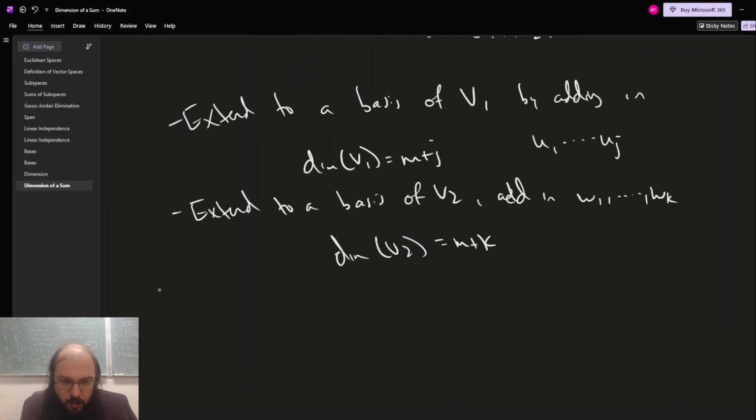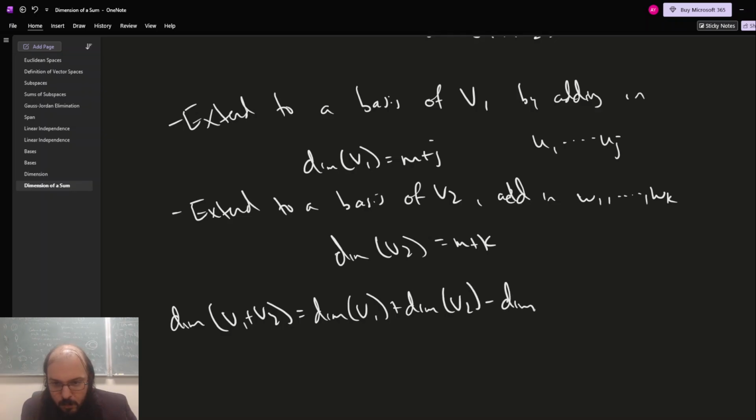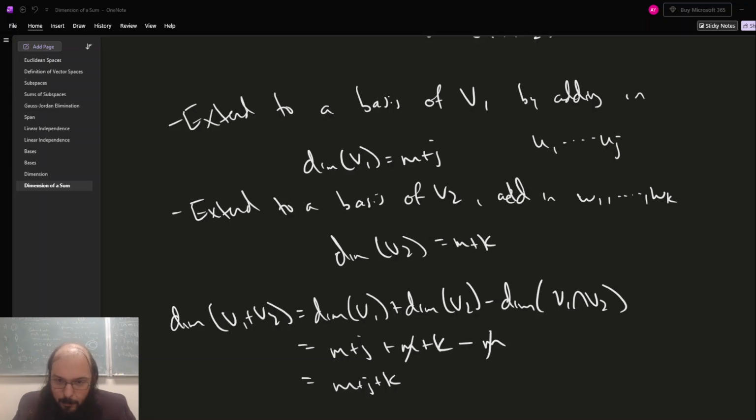If I look at the theorem that I'm trying to prove, let me just write it again since we've scrolled down a little bit. For V1, I have m plus j. For V2, I have m plus k. And then I have minus m. So in other words, I cancel one of these m's and I have m plus j plus k.